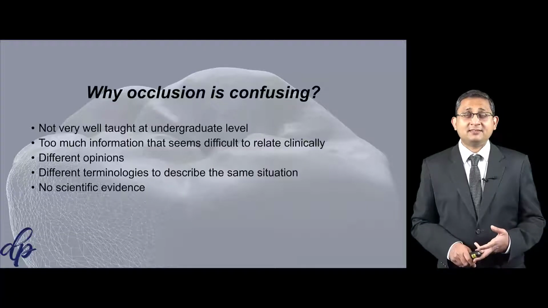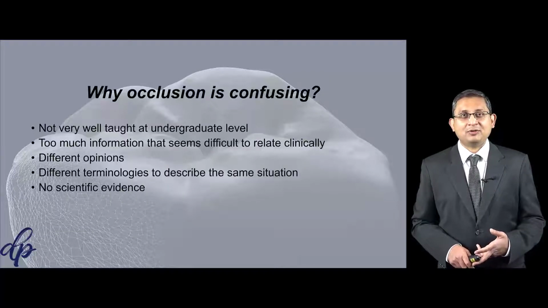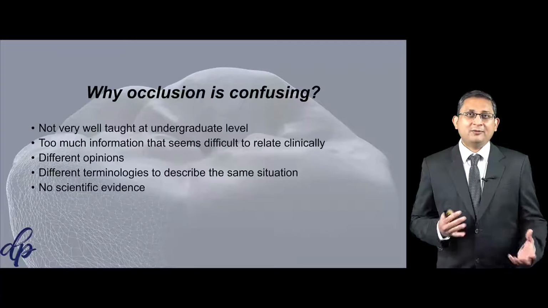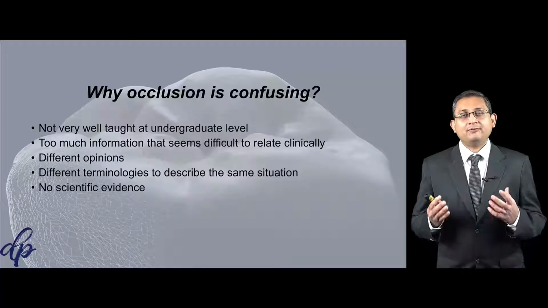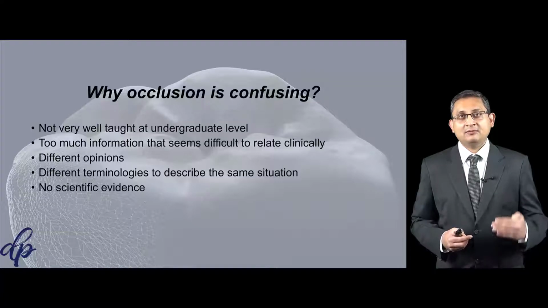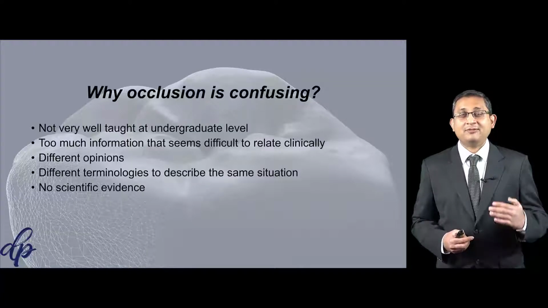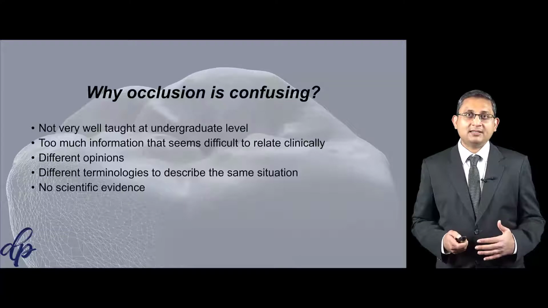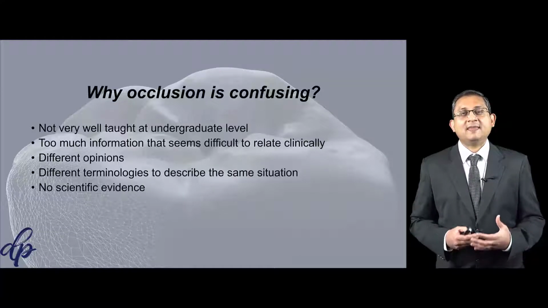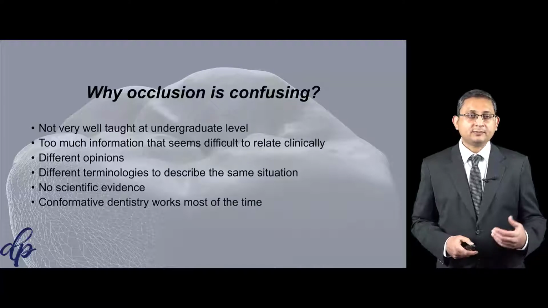You will find evidence that you don't really need to mount models on a semi-adjustable or any articulator in order to do treatment. So there is no firm evidence suggesting the treatment modalities. And again, my philosophy is that if you learn one way to do that treatment, and if it works for you, then stick by it. Especially if someone's been doing that for years and that person is teaching you.